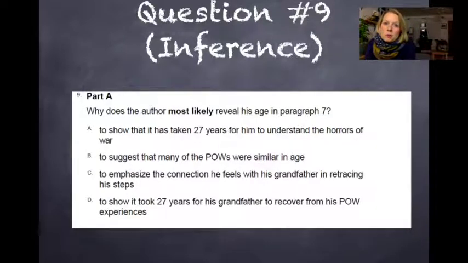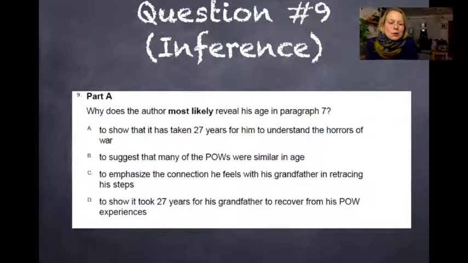Remember, his grandfather was maybe in his 70s and he was there when he was 27, so it probably took him more than 50 years to get over it, if he got over it at all. So for this question, it should be C, to emphasize the connection he feels with his grandfather in retracing his steps.